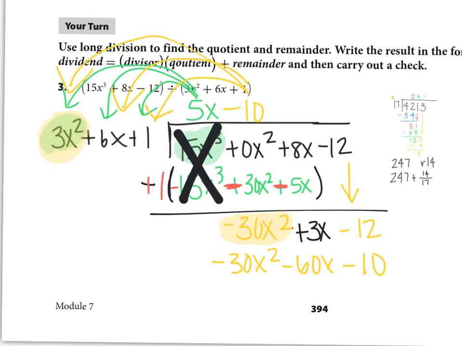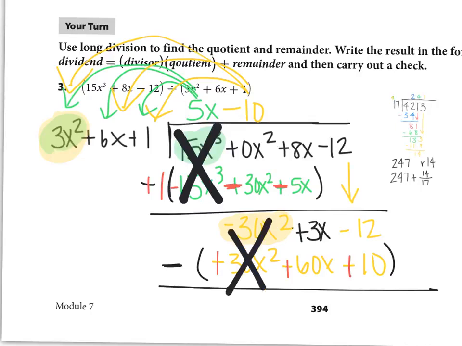And I'm subtracting this whole row, and subtracting means all my signs get changed, so really this is going to end up as a positive 30x squared, a positive 60x, and a positive 10. And what happens to my negative 30x squared and my positive 30x squared? They cancel. What happens to my 3x and my 60x? 63x.